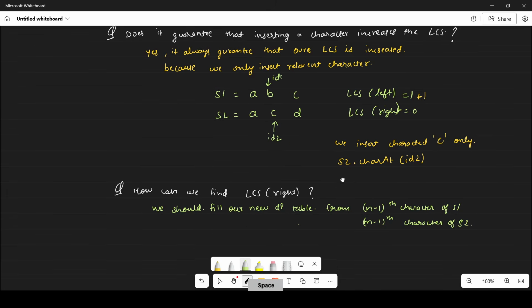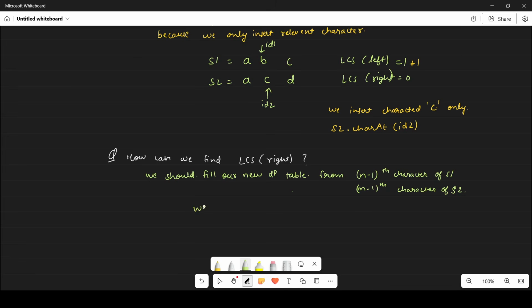So what I mean is that we process our string from right to left to find the LCS of right. Now we have the complete intuition of this problem.